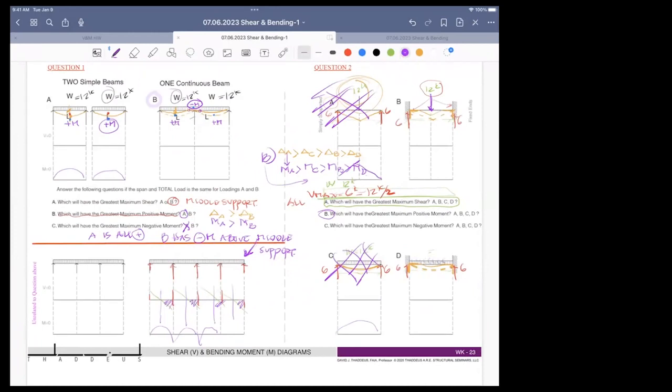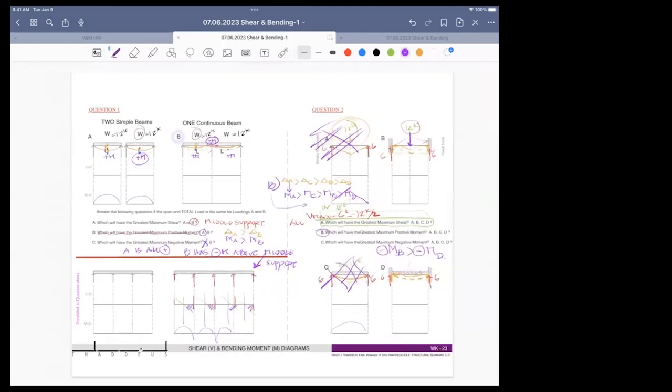So I think the negative moment for B is greater than the negative moment for D. I think that answers the questions.